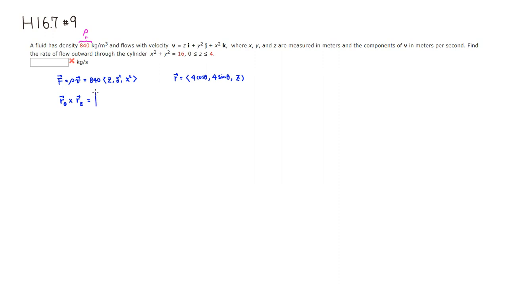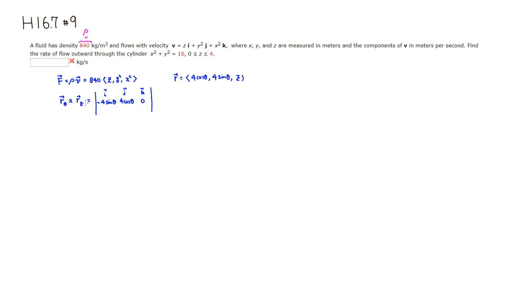So this is going to be the vectors i, j, and k. The partial with respect to theta is going to be negative 4 sine of theta, and here is 4 cosine of theta. The partial of z with respect to theta is 0.